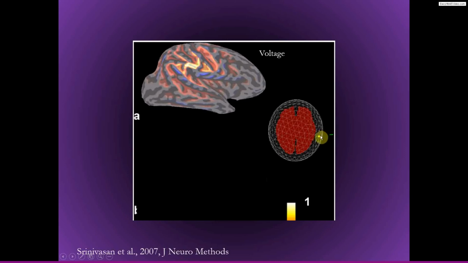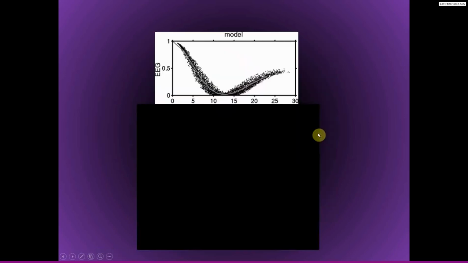You can see the electrode is most sensitive to the area of the gyral crown just underneath where that electrode is positioned. But a huge chunk of the brain is actually contributing to some extent to the activity that you can record at this one electrode.